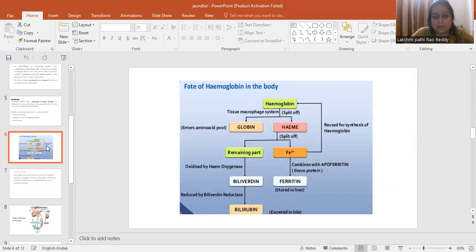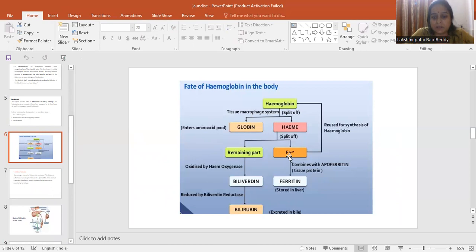After destruction of RBC, the hemoglobin will disintegrate into two parts, globin and heme. The globin will enter the amino acid pool, but the heme part will split into iron, which is reused for the synthesis of hemoglobin.